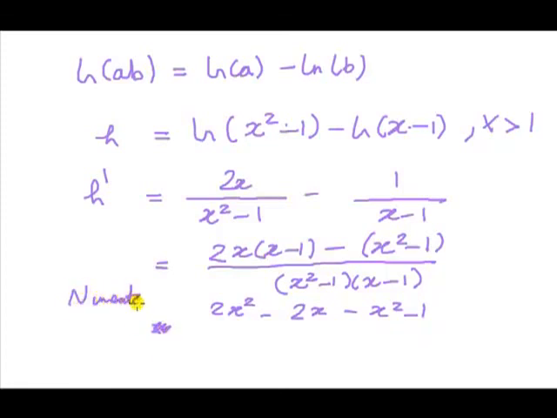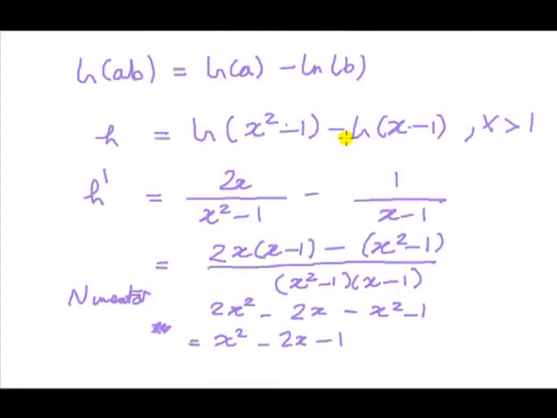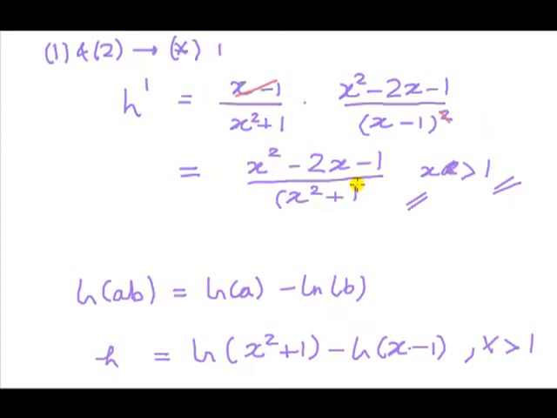Let's just say the numerator. It saves us having to copy this each time. Okay, so that's the numerator, x squared minus 2x minus 1. Aha, x squared minus 2x minus 1. And then the bottom bit should be the same, from which look I see that, oh, I was very careless here.